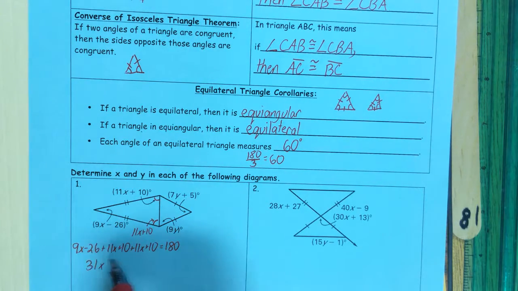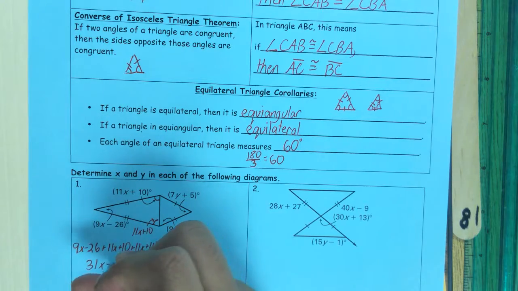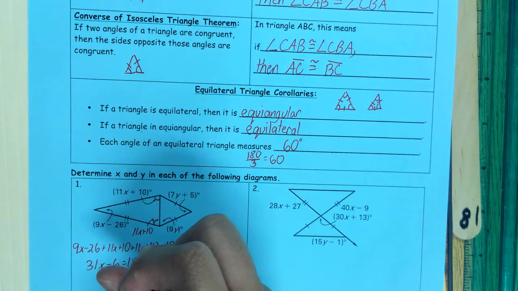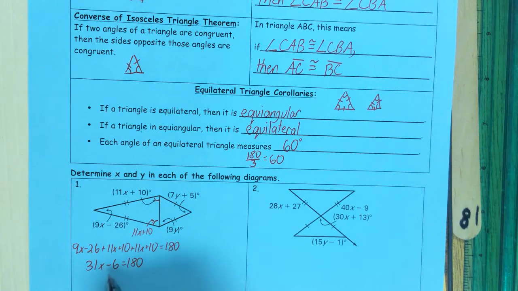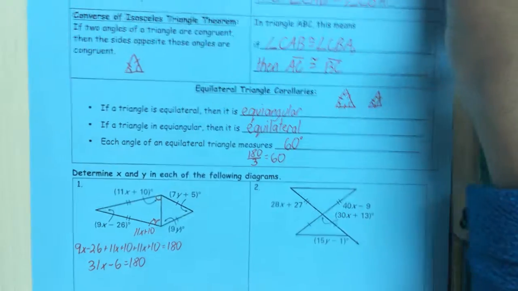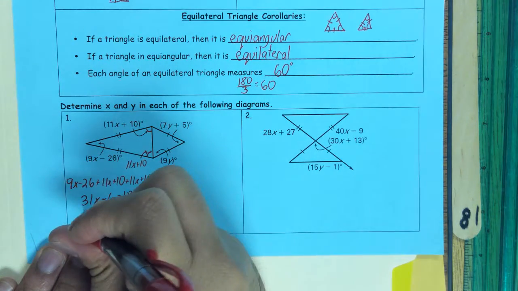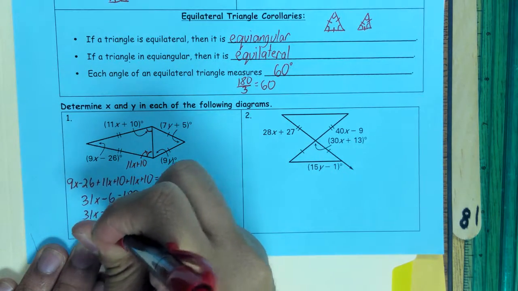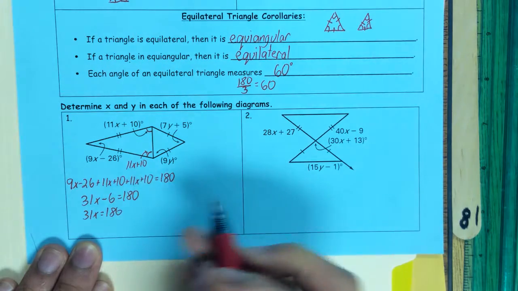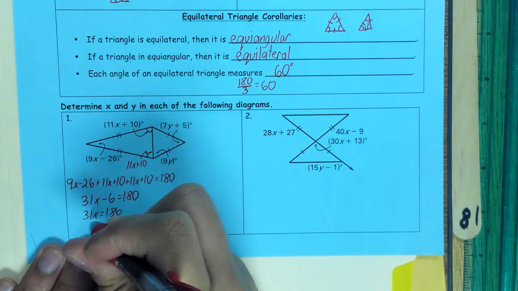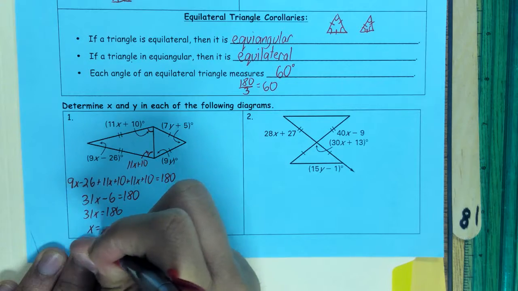Then I have a minus 26 plus 10 plus 10, that gets me minus 6 equals 180. Adding 6 to both sides, we get 31x equals 186. And then dividing both sides by 31, we get x equals 6.